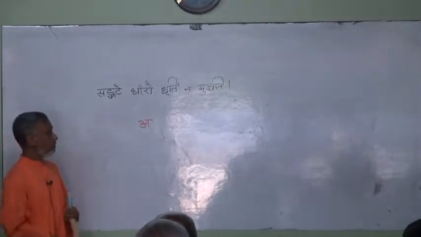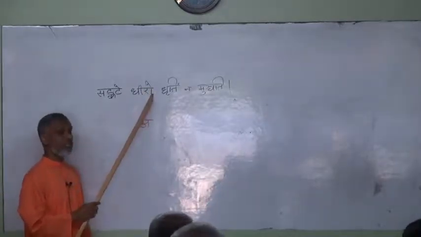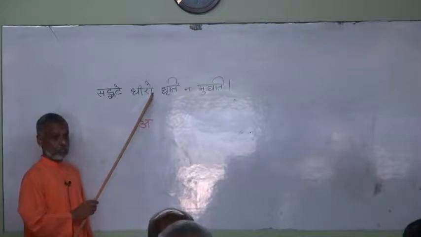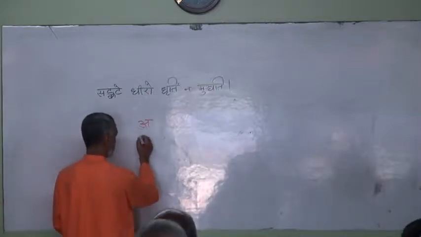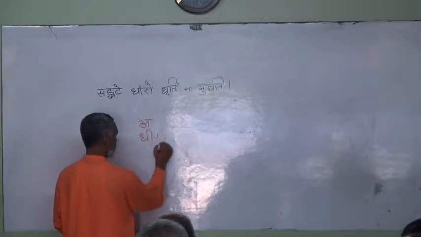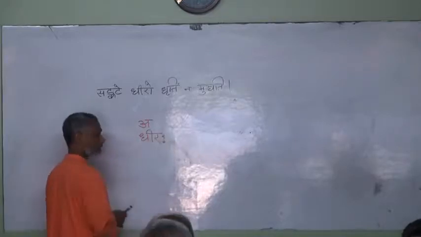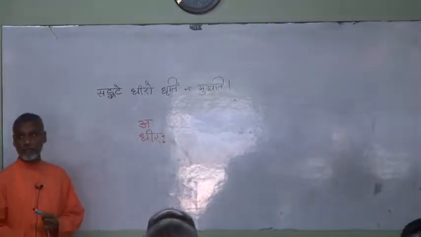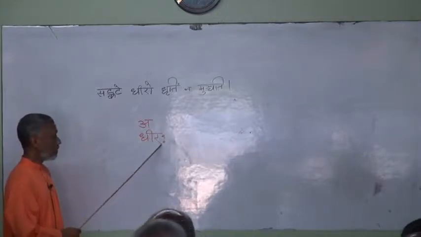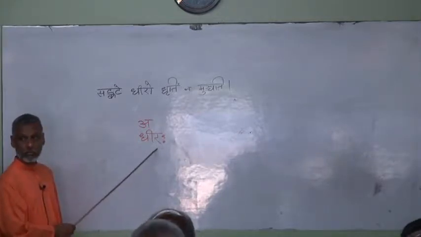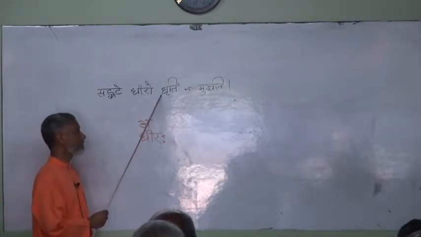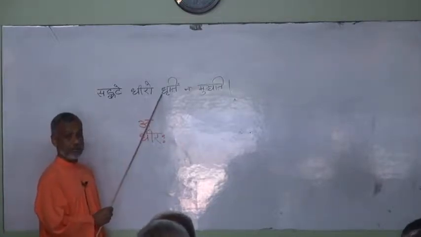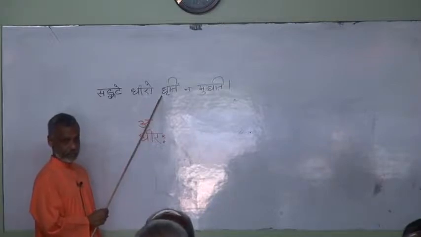So the Visarga has changed into the O. So the Visarga is preceded by a and followed by dhi.